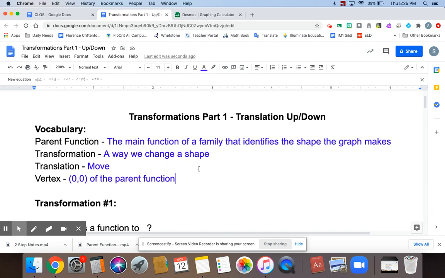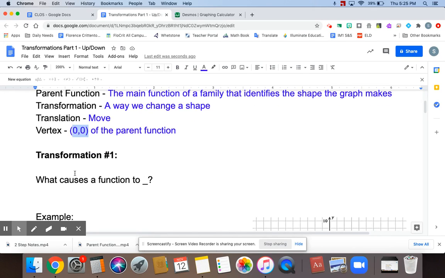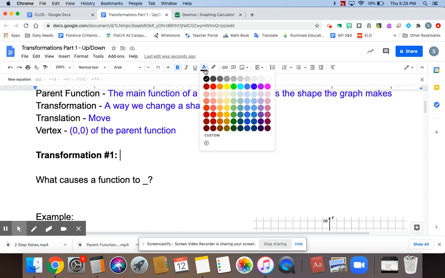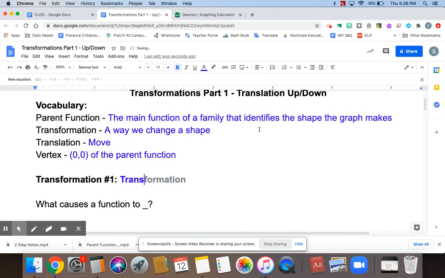For the sake of this unit, that's what the word vertex is going to mean. It's where the 0, 0 of the parent function is, and we move that point around. So transformation number 1 that we're going to focus on is translating up.